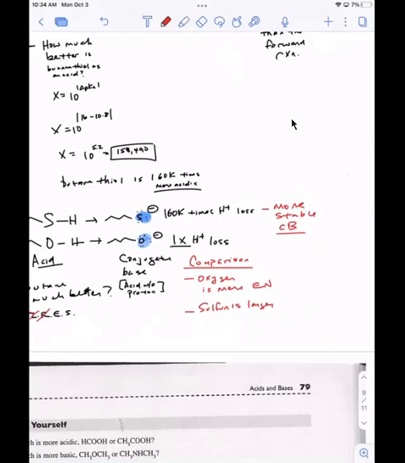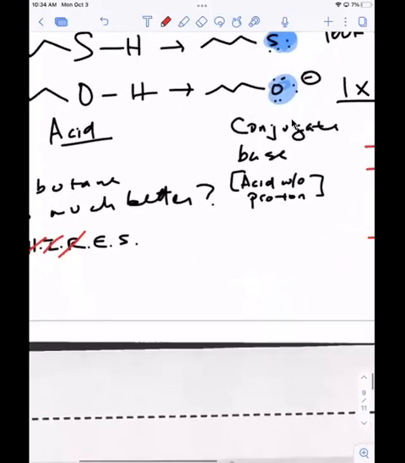If the conjugate base containing sulfur is more stable, what can you say? Which factor is more of a stabilizing factor between electronegativity and size?